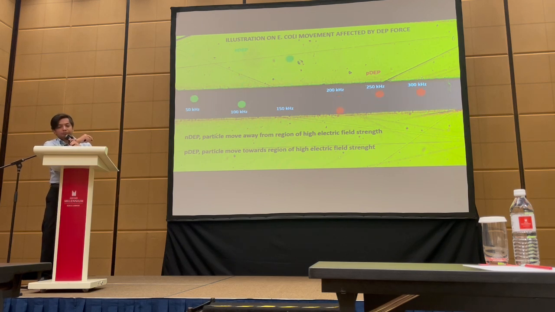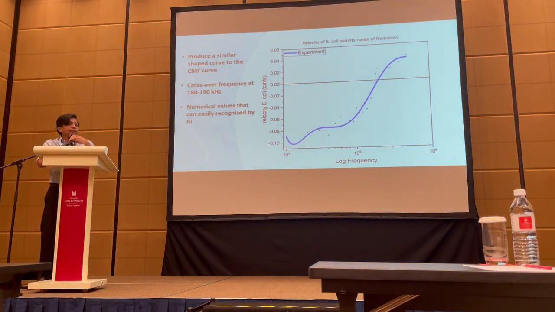So that's what we do. We choose a frequency point, and we measure the velocity at each point and plot it into a graph, and then we can get this kind of curve. Notice the similarity between this curve and the previous curve, the CMF curve.